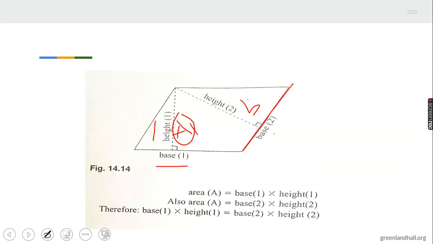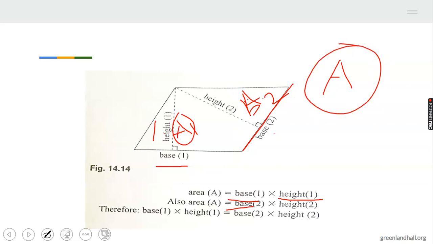If I'm using base 2 and height 2, I call it area 2. To find area 1, we say base 1 times height 1. Also area 2, base 2 times height 2. Whichever the case may be, the area we are getting in each case is the same. Therefore, base 1 times height 1 will give you the same area as base 2 times height 2 will give you.